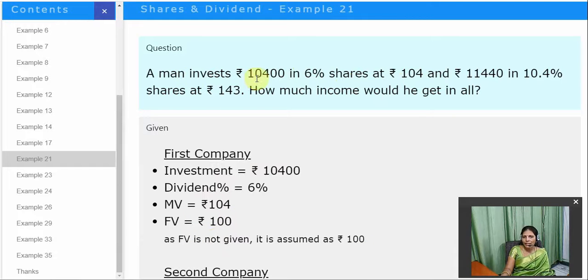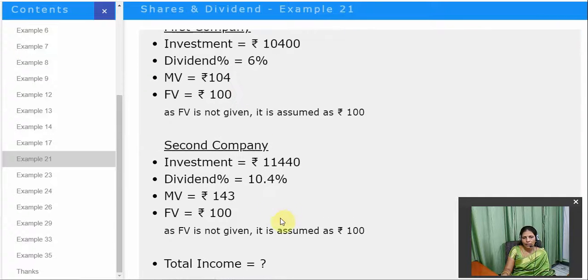So the man is investing this much in one company and again 11,440 in another company, in which the company gives 10.4% as the dividend at rupees 143. So this 143 is the market value of the second company.